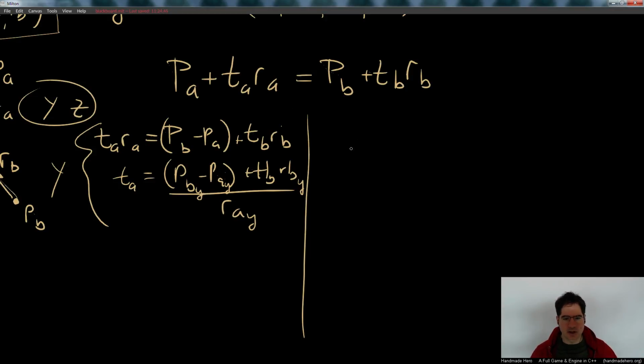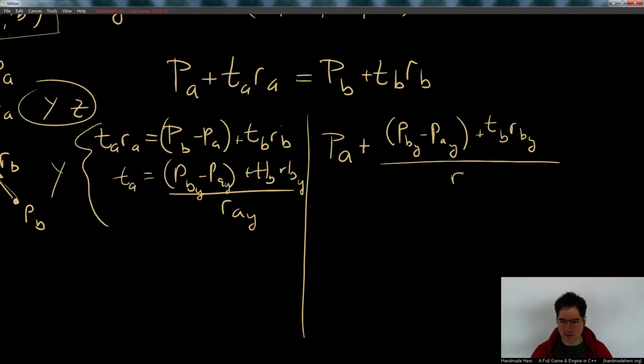Okay? We've got this same equation, but now we want to plug in this ridiculous monstrosity for TA. So we end up with PA plus PBY minus PAY, plus TB RBY, over RAY. That's our T value.